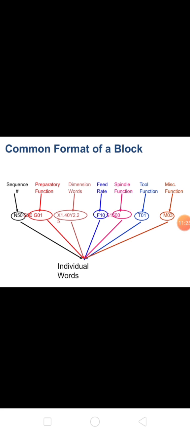Next, X 1.40, Y 2.2 and Z 5 denote the dimension words, which say how much distance can be traveled by the tool. F10 denotes the feed rate. S 1600 denotes the spindle function or spindle speed. T01 denotes which tool is in action, that is the tool function. M03 is the miscellaneous function.